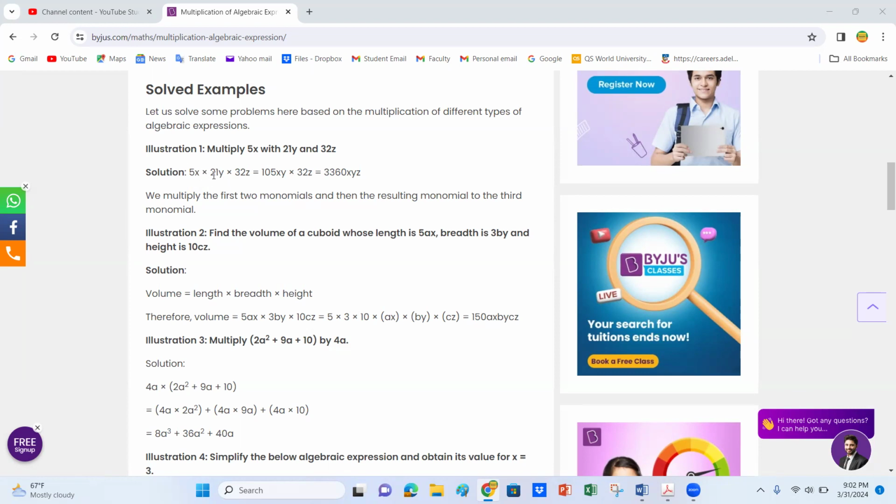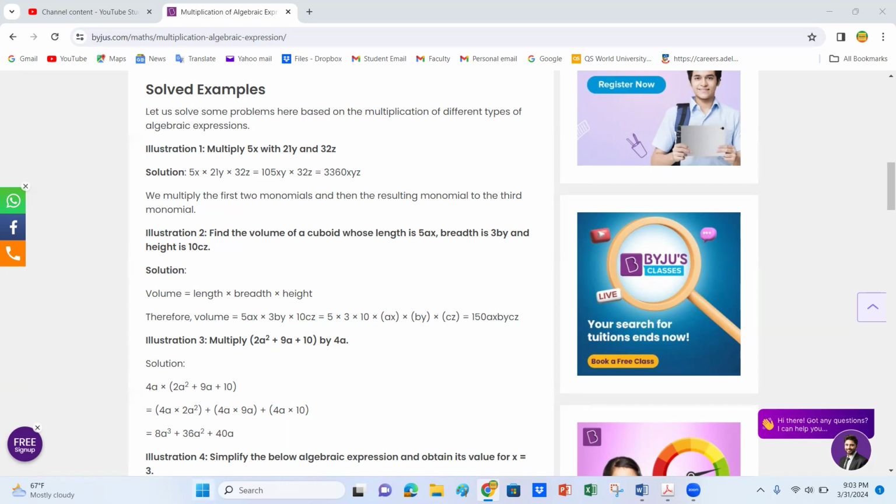So 5 multiplied by 21 multiplied by 32 means, first of all, we will multiply 5 by 21, that is equal to 105. And x multiplied by y is xy, then multiply by 32z.